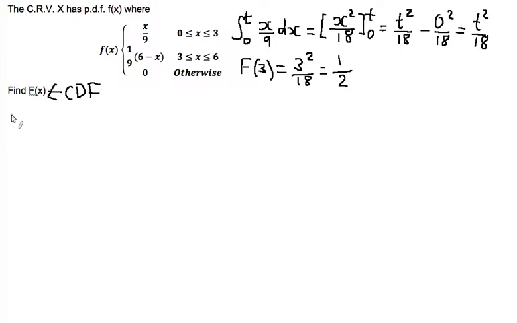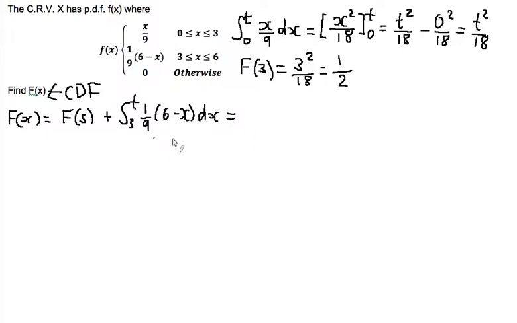Now, when I do the integration for this range, F of x is going to be equal to F of 3 plus the integral between the lower bound, 3, and t, of 1/9 (6 minus x) dx. So there's a little bit of rearranging to do before I actually integrate.